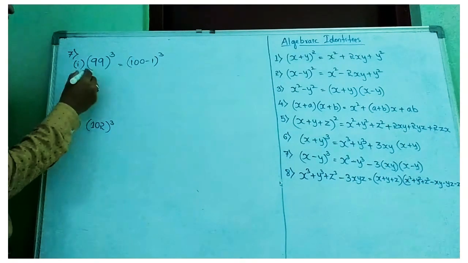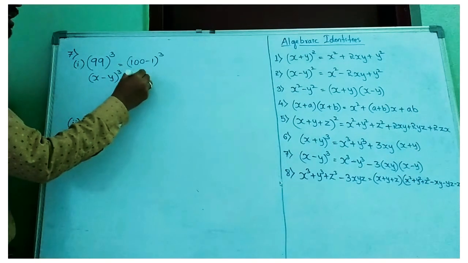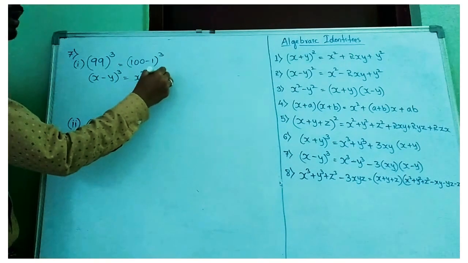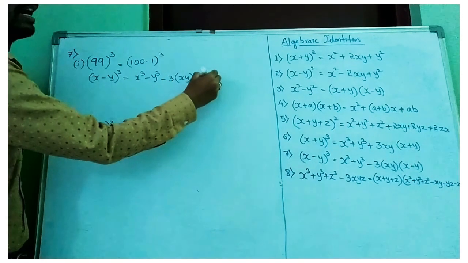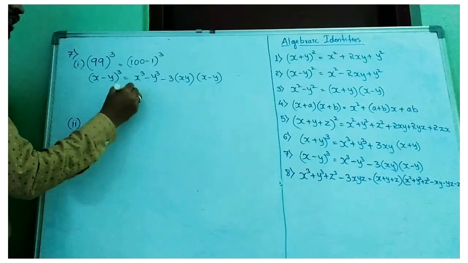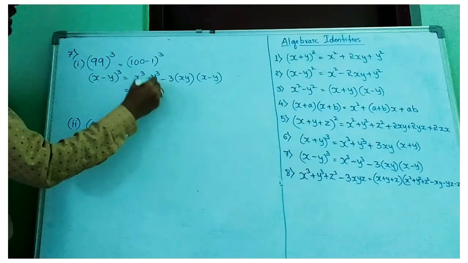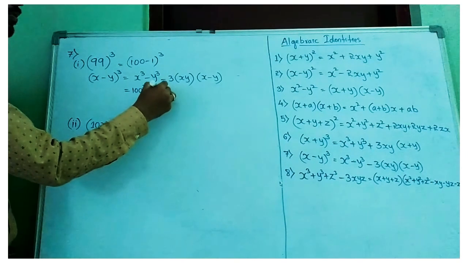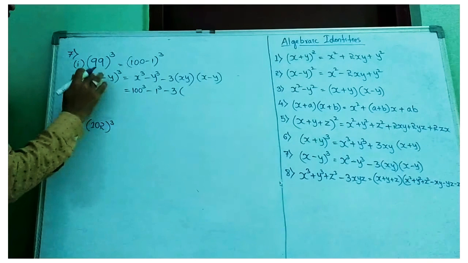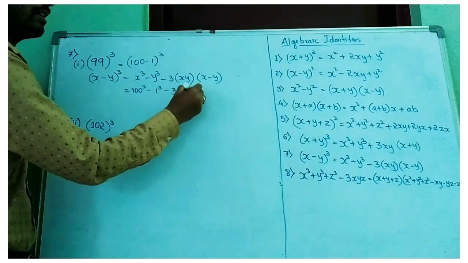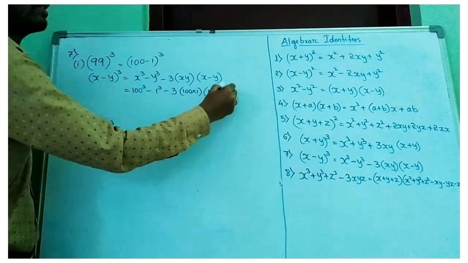We have an identity, that is (x minus y) whole cube gives us x cube minus y cube minus 3xy into (x minus y). So what is x cube? 100 cube, minus y cube is 1 cube, minus 3 into xy, what is x? 100 into 1. Again 100 minus 1.